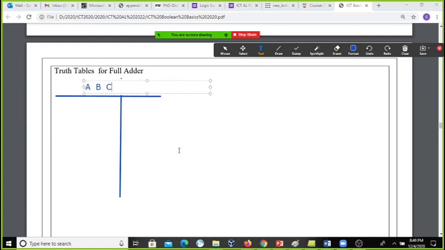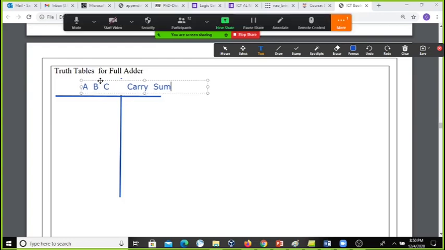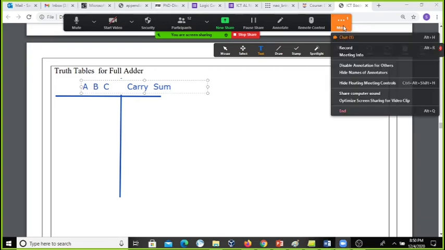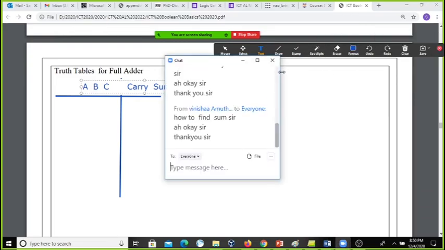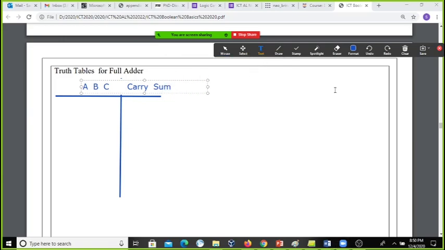Then you have to write the additional value. Okay, then we can write the inputs. The initial inputs are 0, 0, 0. When we add them together, we don't get any additional value as a carry bit.